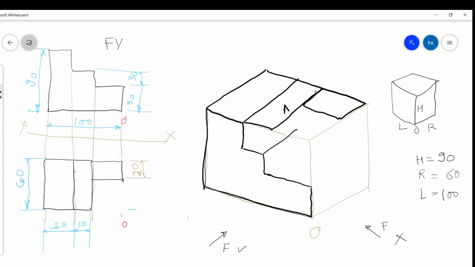So now I understood that this portion of the rectangle which I had drawn here is not here, but it is below this by what distance? By 30 mm. It is below by 30 mm. So instead of drawing this portion here, I will erase it from here. It is not here.